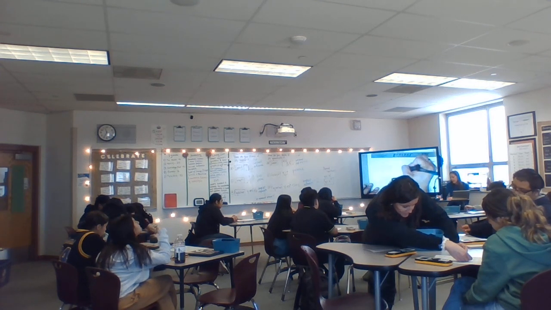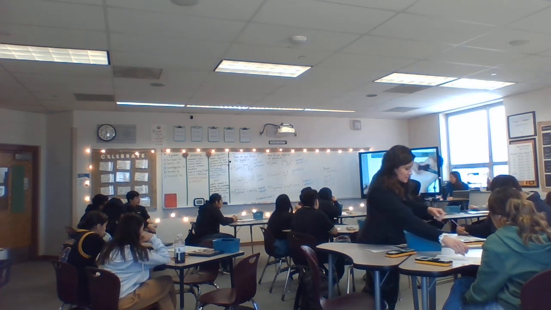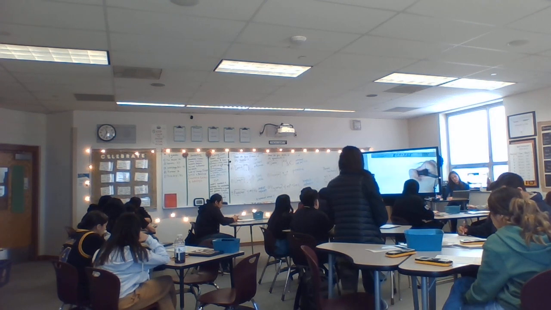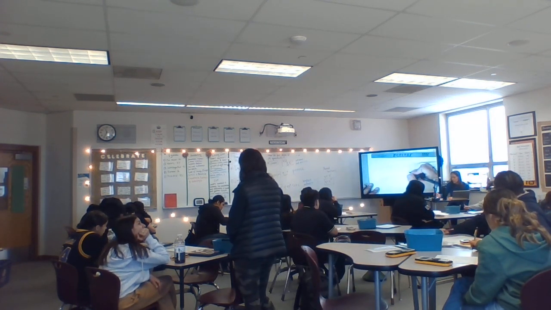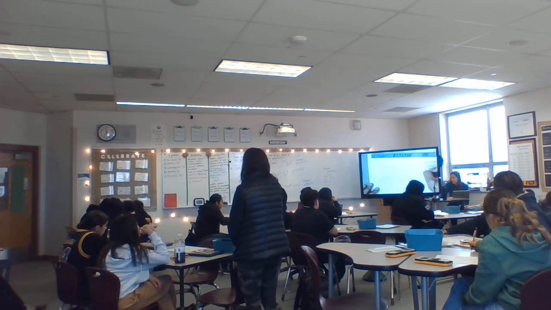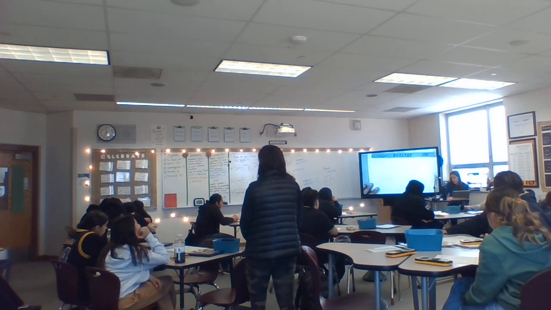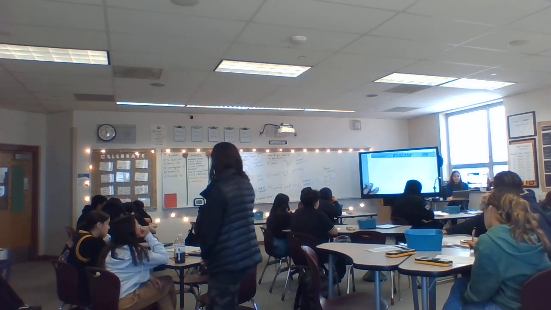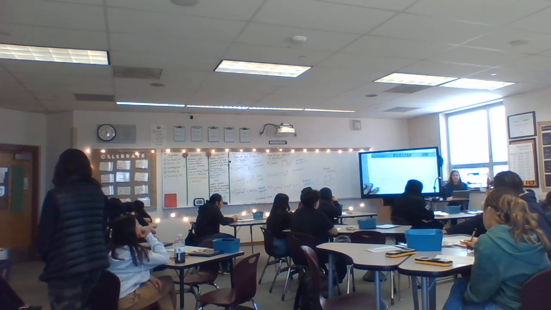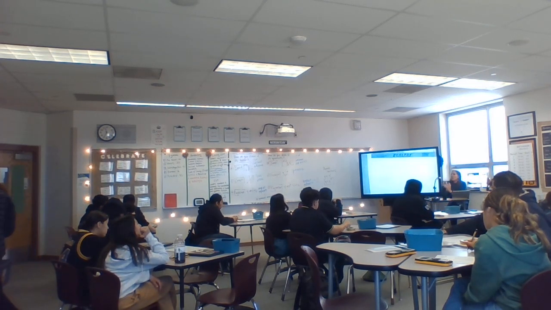For quadratic, it's y equals x squared, looks like this. For cubic, which is what you'll learn next year, it's y equals x to the third, and it'll look like that, right? Everything has a parent function, the original function.